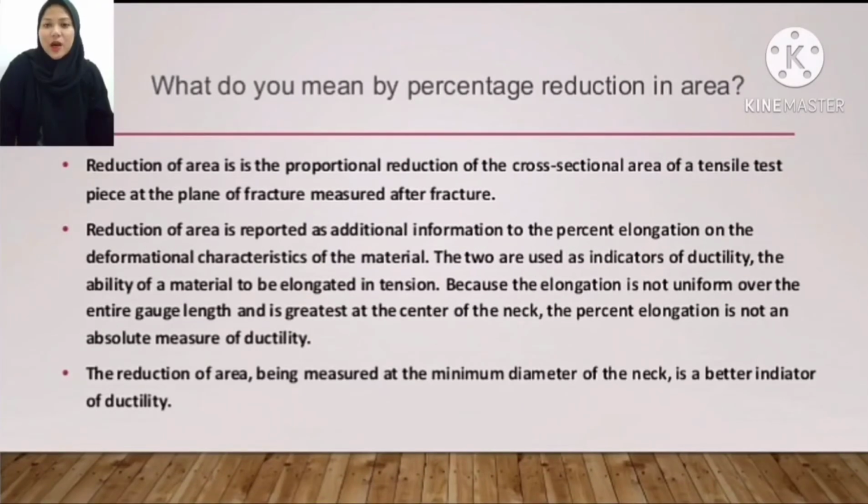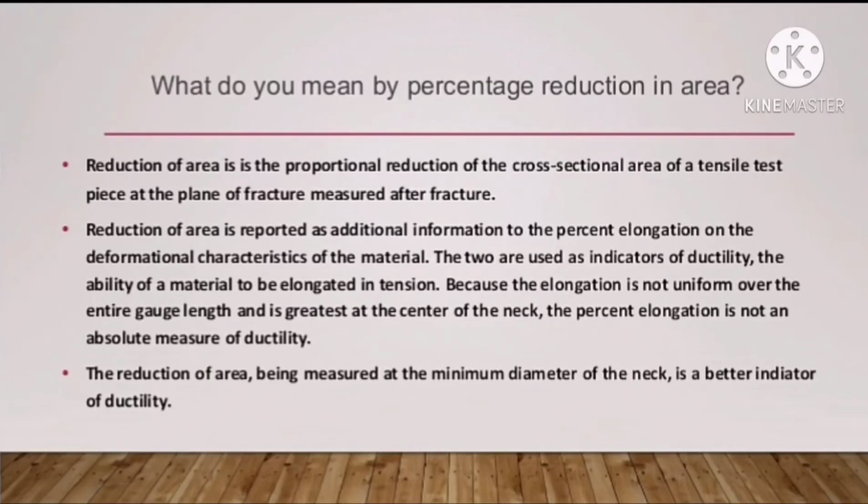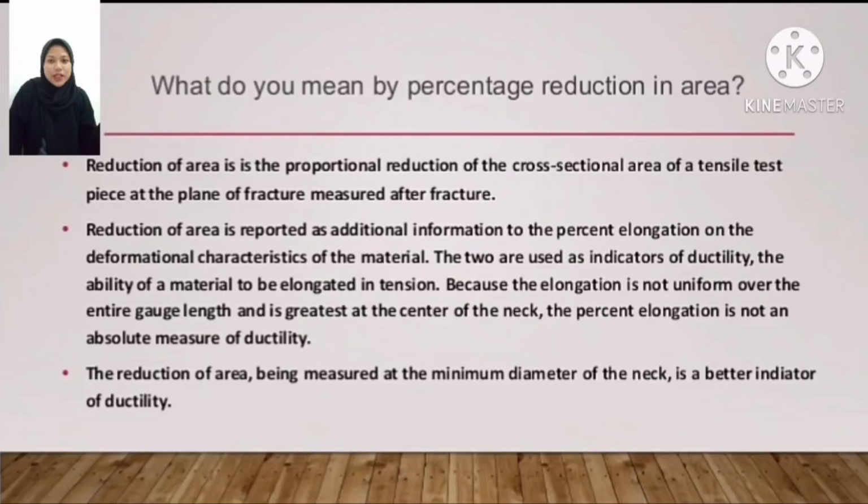Question 3. What do you mean by percentage reduction in area? Reduction of area is the proportional reduction of the cross-sectional area of a tensile test piece at the plane of fracture, measured after fracture. Reduction of area is reported as additional information to the percent elongation on the deformational characteristic of the material.